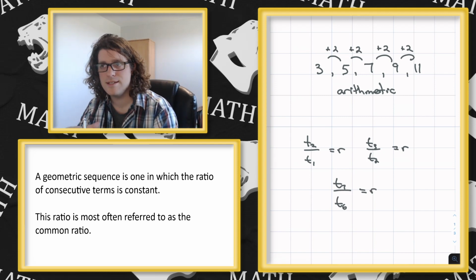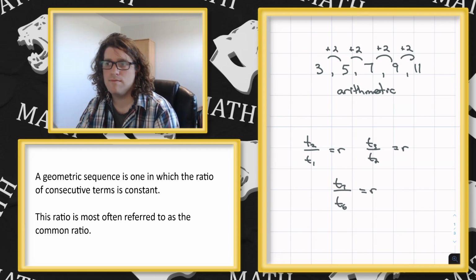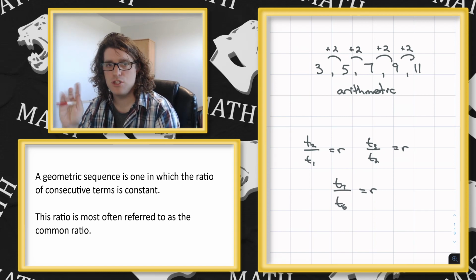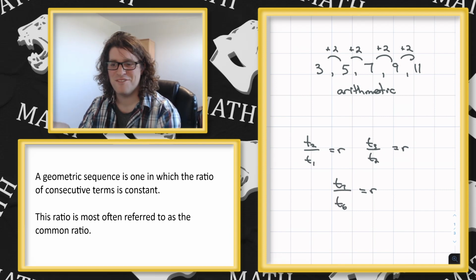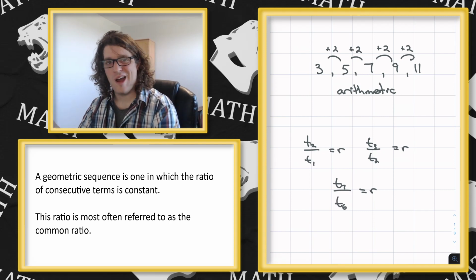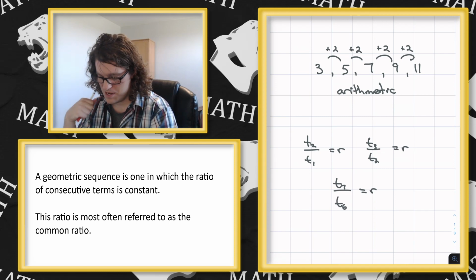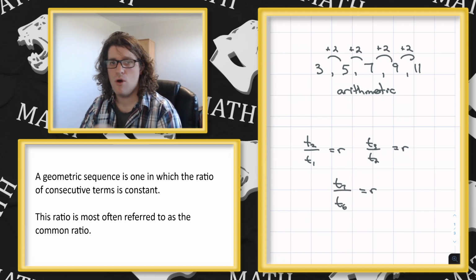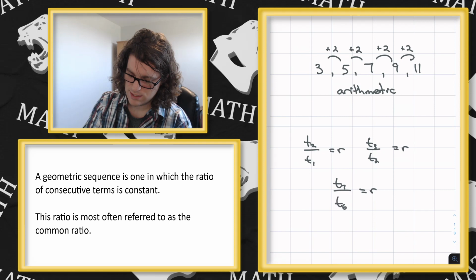So the idea is that no matter where you are along in the sequence, if you take two consecutive terms and divide the latest one by the previous one, you will come up with this ratio that is always some constant value. That does not happen with an arithmetic sequence.